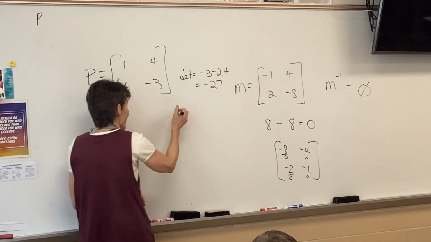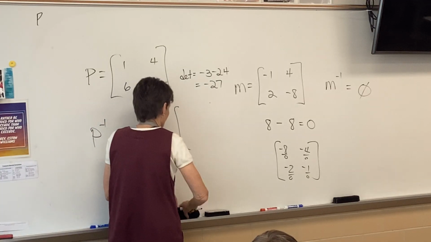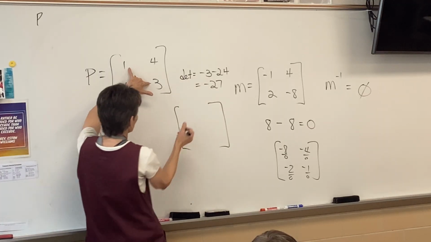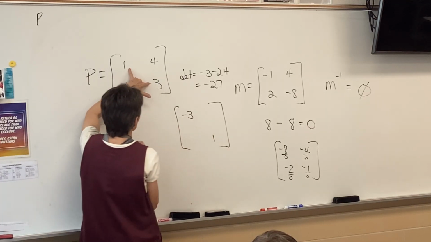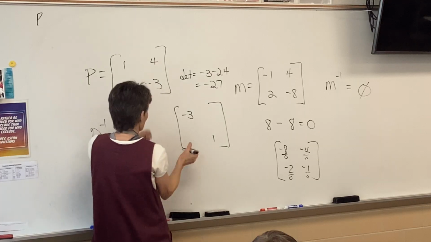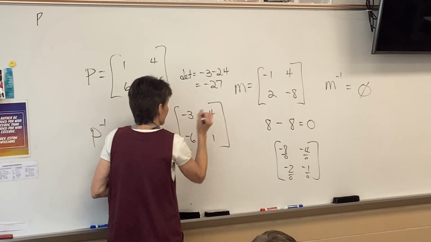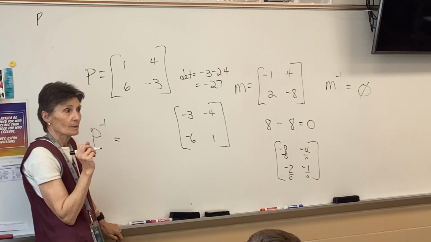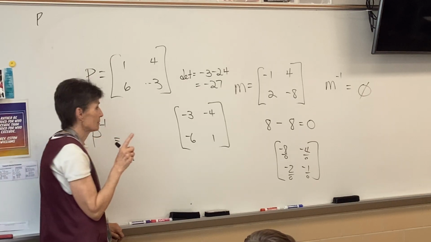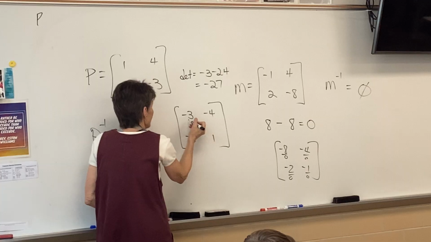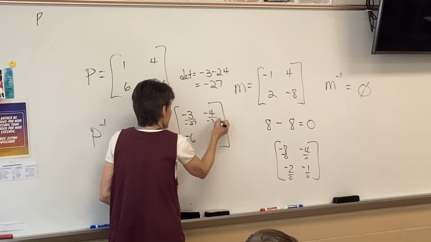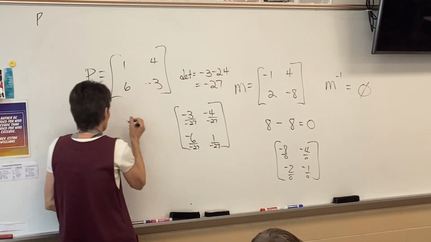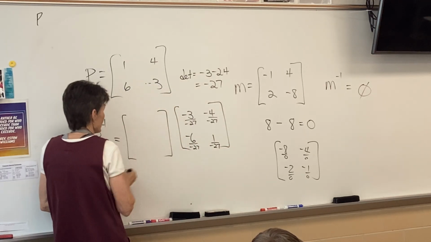All right, now I'm going to build my adjoint. Take these two and flip them. And these two are going to become negative. Then, take all the numbers and divide by -27. Simplify, and that's your answer.